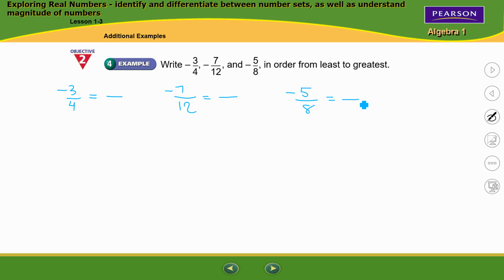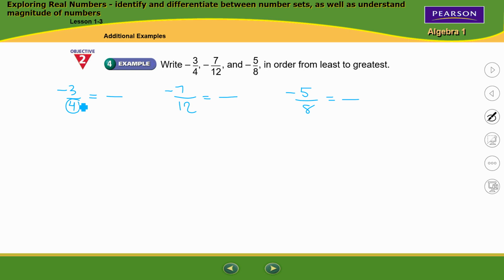So the easiest way for me is to say, all right, does the smallest number go into the other numbers? So does 4, for a common denominator, does that go into 8? Is 8 divisible by 4? The answer is yes. So far we're in good shape. What about 12? Yes. Okay, cool. 4 goes into 8 and 12, but does 8 go into 12?